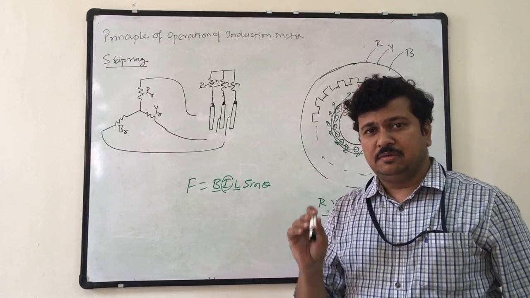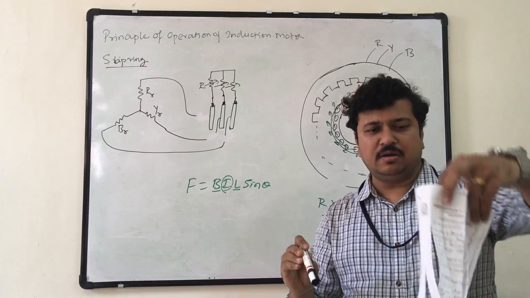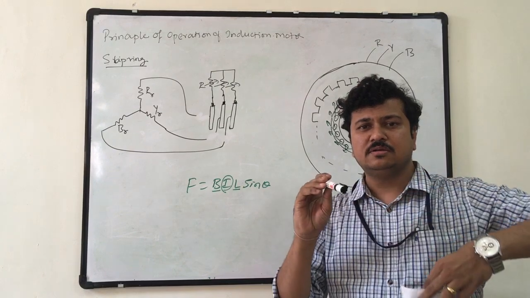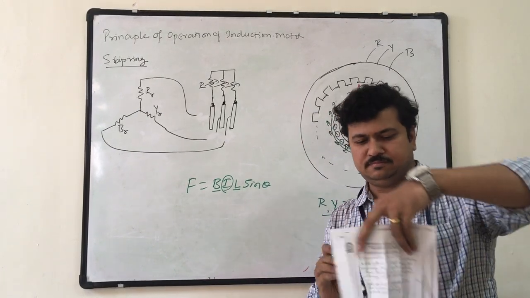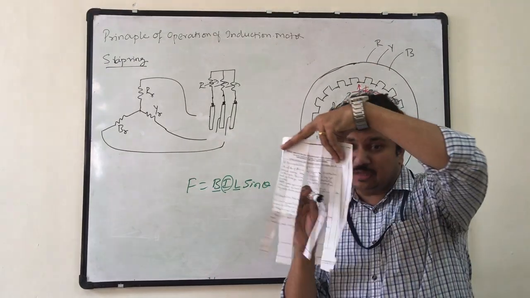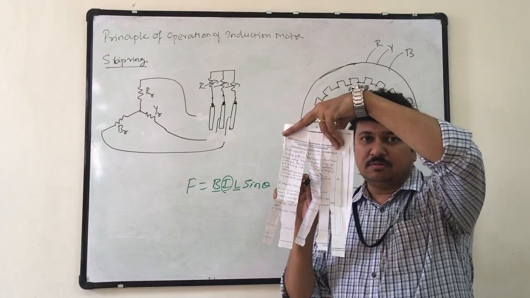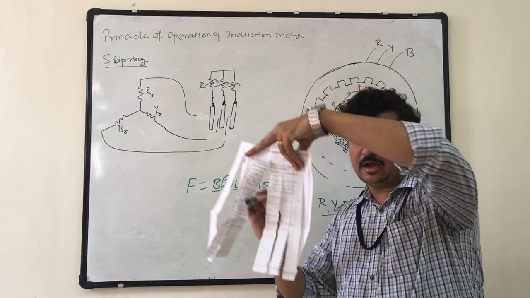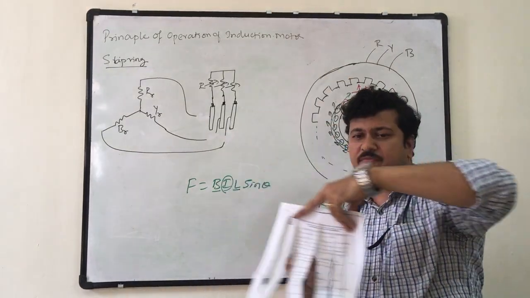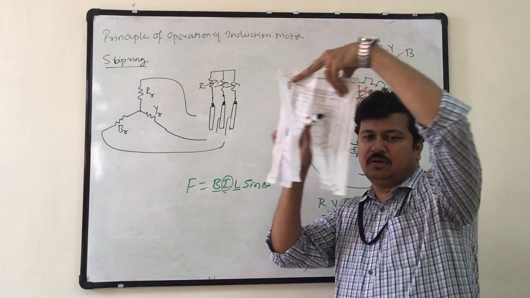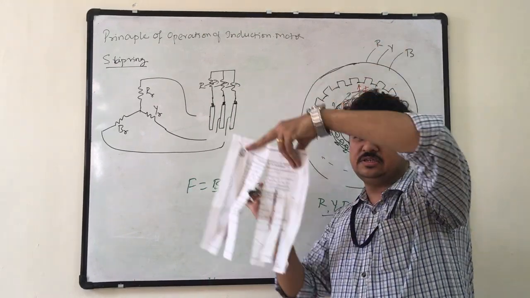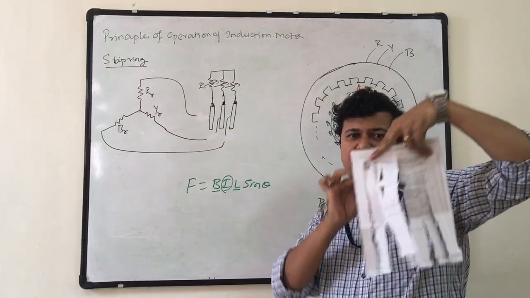Now suppose both the conductor and the magnetic field rotate at the same speed along with each other. Now the conductor is in the magnetic field, but both are rotating simultaneously. Do you see any change in flux or flux cut by the conductor?